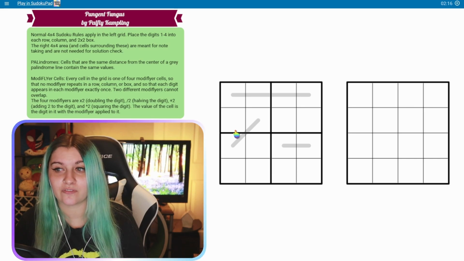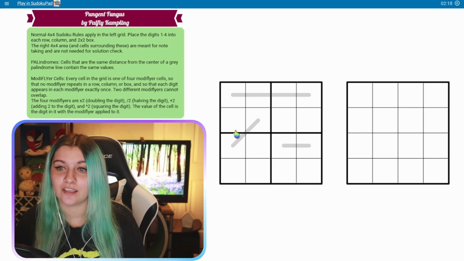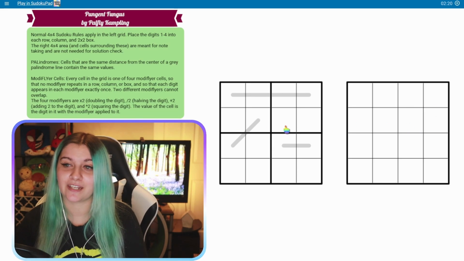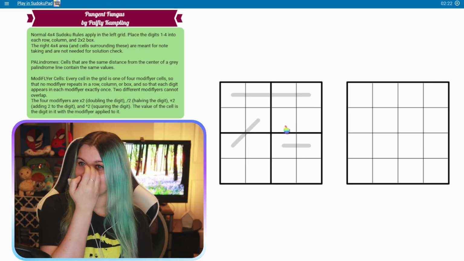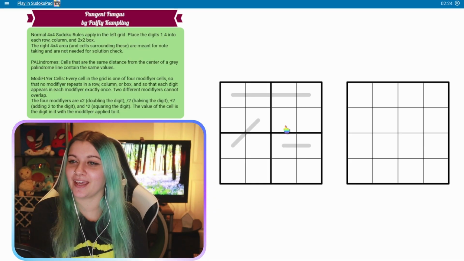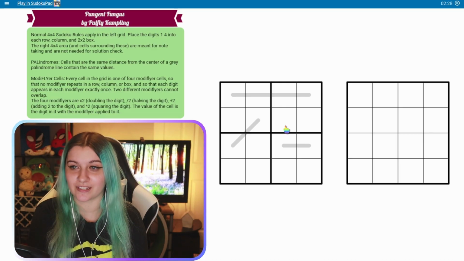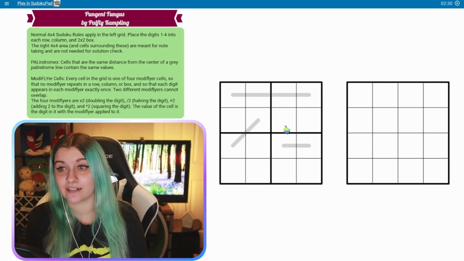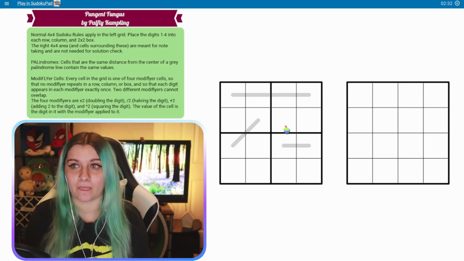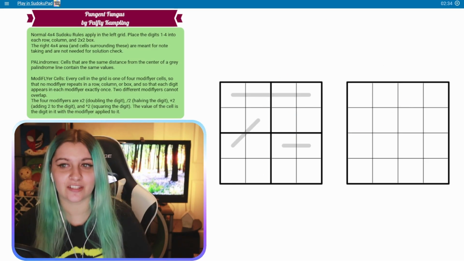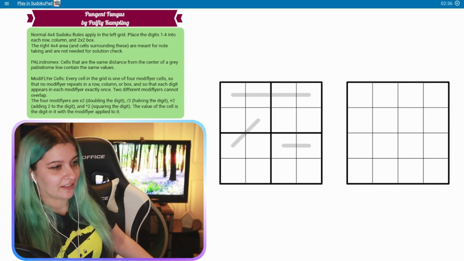The value of the cell is the digit in it with the modifier applied to it. Wow, that's cool. Okay, let's get started because I'm thinking about things already for how this is going to go.